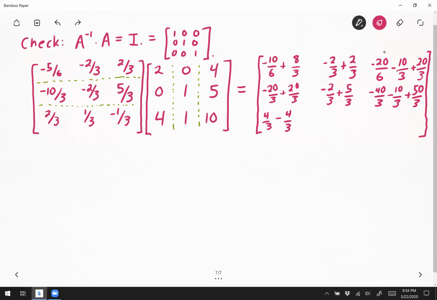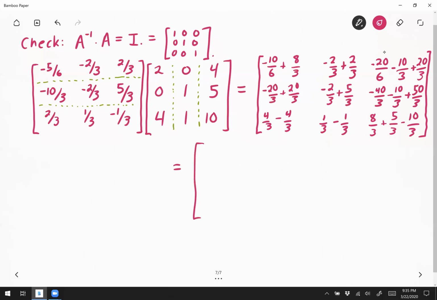Excellent. Next, bottom times center column, that'll be 0 plus 1/3 minus 1/3. Then bottom times right, it's going to be 8/3 plus 5/3 minus 10/3. Now let's simplify this out. I have a good feeling about this.